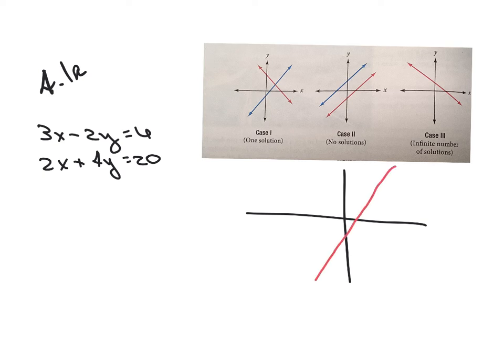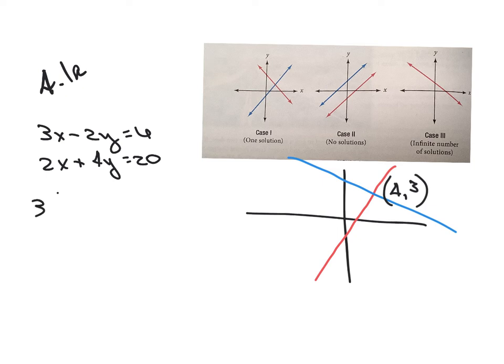The bottom equation is going to look like that. So they cross at one point, and let's say that that point is 4, 3. That means that the x value of 4, the y value of 3, will work for this equation, and it will also work for that one because it's common. So let me show you.